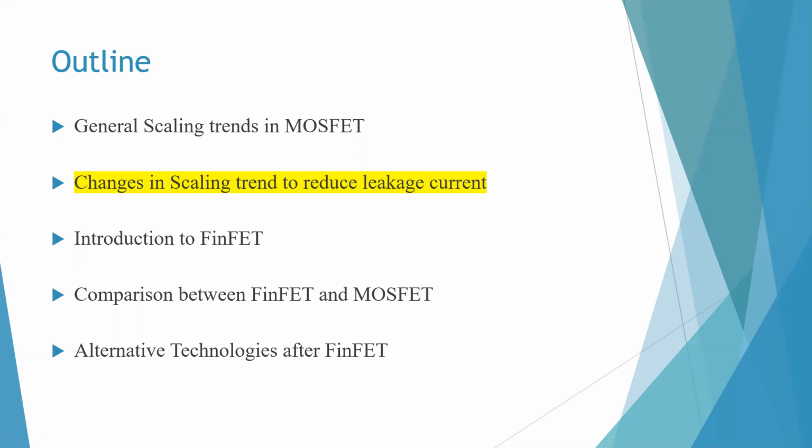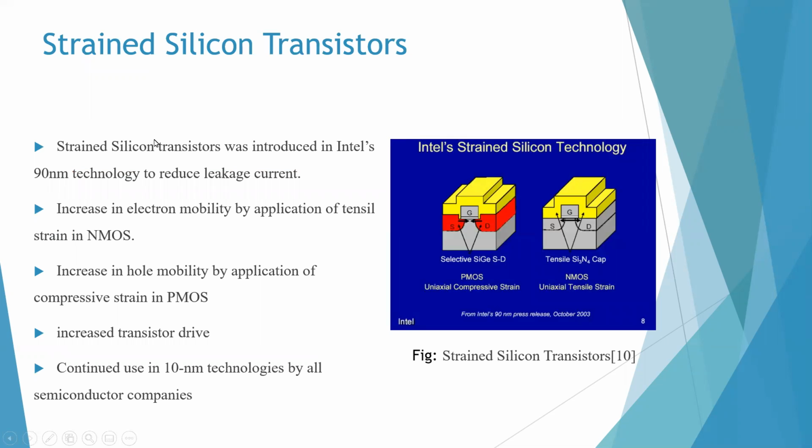So changes in scaling trends occurred to reduce the leakage current, and Intel in its 90 nanometer technology adopted strain silicon transistor technology.